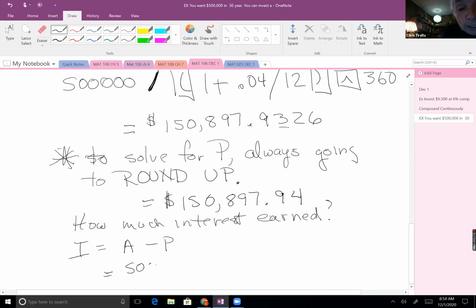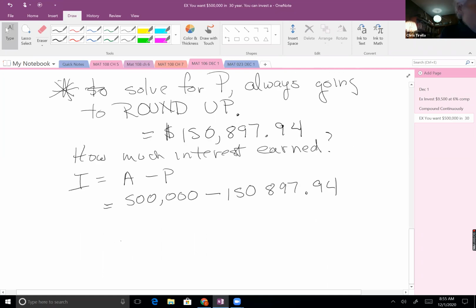So if I take that $500,000 that we're ending up with and subtract from it the $150,897.94 that we started out with, what are we getting for interest? $349,102.06.